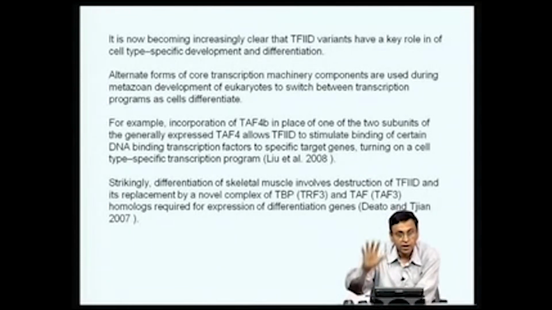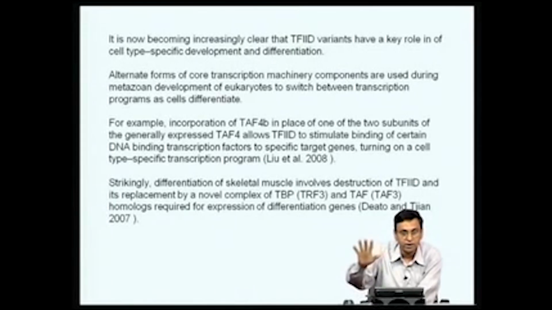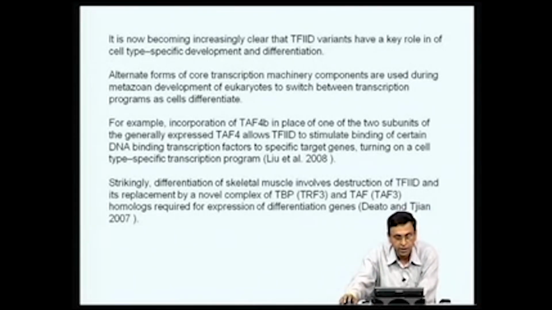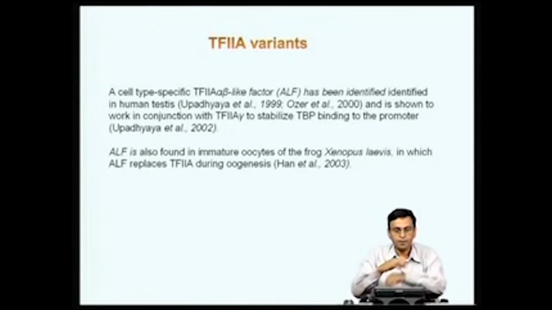So, you can see the variants of TAF and variants of TBP, by selectively expressing them at a specific time point during development and differentiation, specific genetic programs can be brought about, specific genes can be activated or repressed.